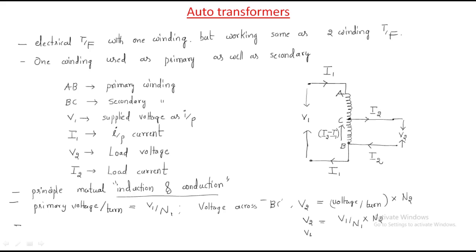Finally we can write V1 by N1 equals V2 by N2. From this, V2 by V1 equals N2 by N1. You can take it as K. V2 by V1 equals N2 by N1 equals some K. This is the transformation ratio.